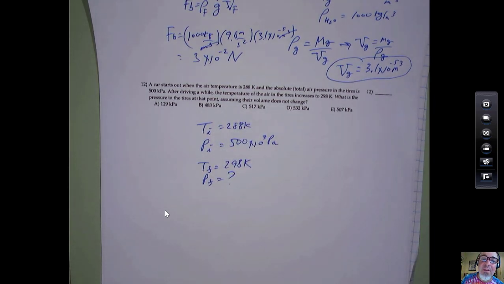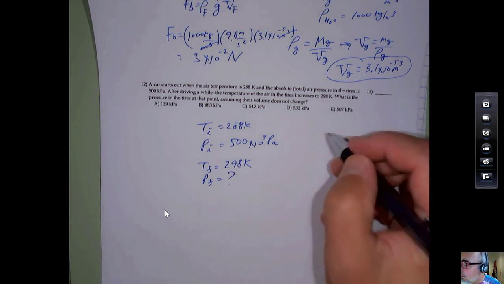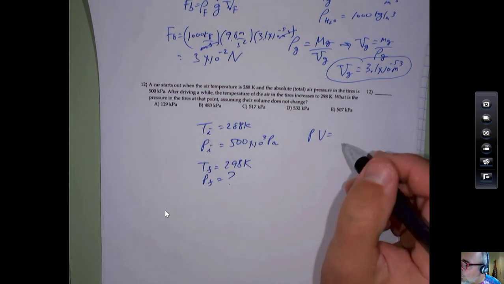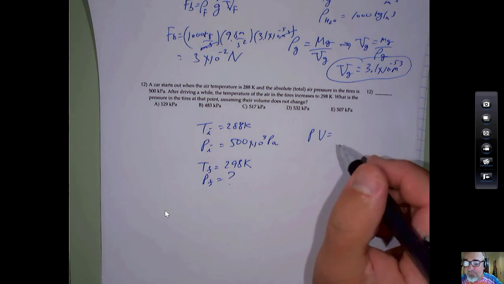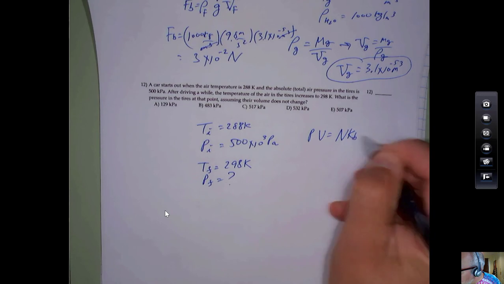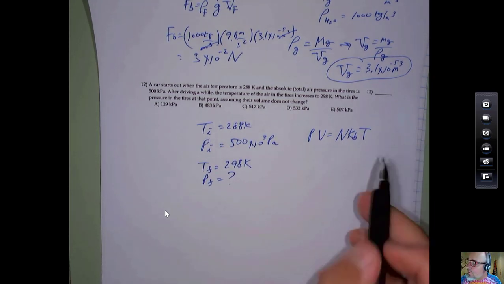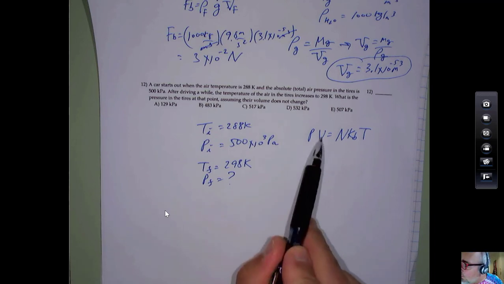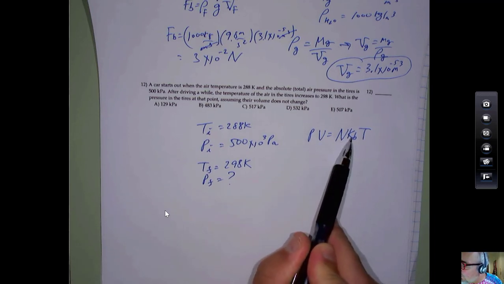Okay, so again, this is an ideal gas law. PV is equal to, I'll use the physics version of it, N, Boltzmann's constant, times the temperature. Just make sure the temperature is in Kelvin, which it is. So what is not changing in this problem? Volume, number of particles, Boltzmann's constant does not change.